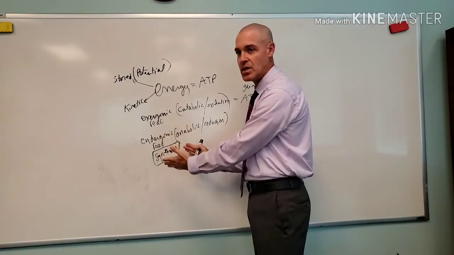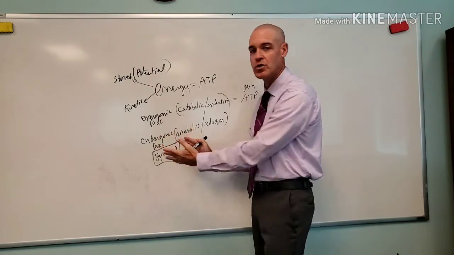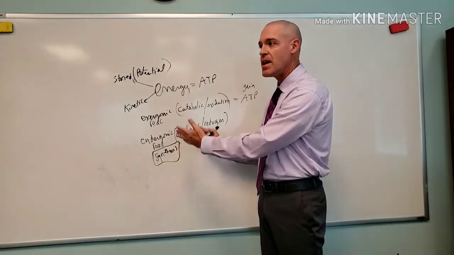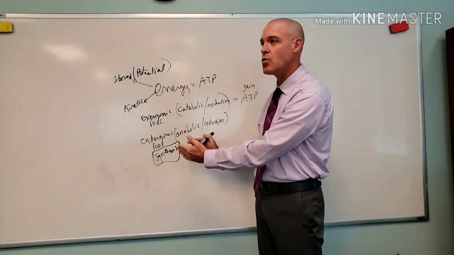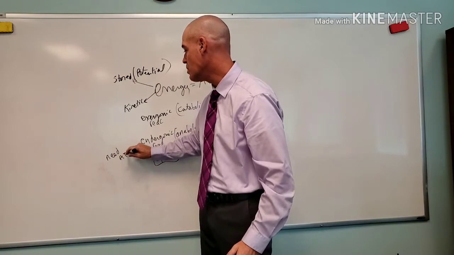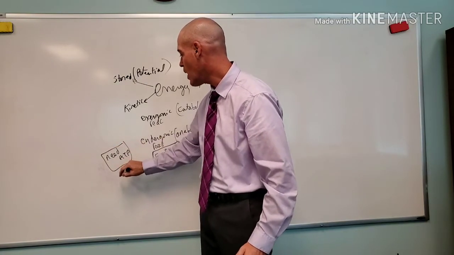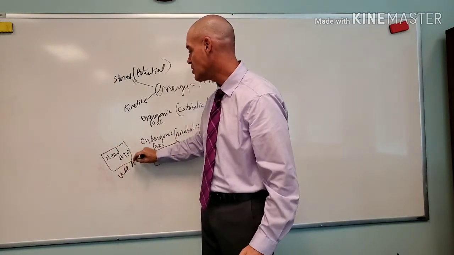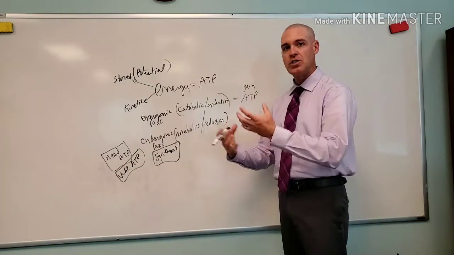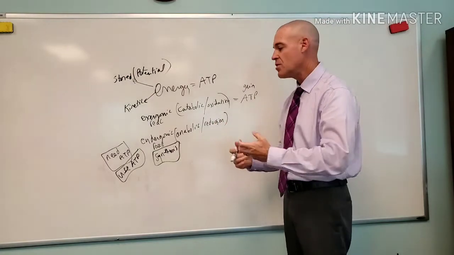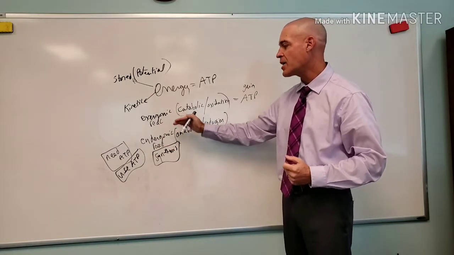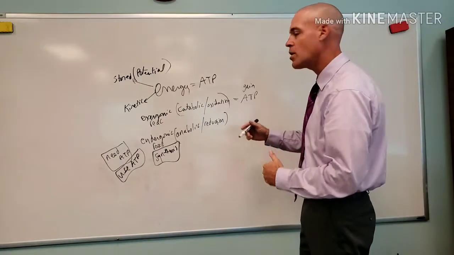This is a building type of reaction. This is what our bodies do, for instance, when we make proteins inside the body. We would be making proteins, and in order to do that, we're going to need ATP. So put another way, these reactions basically use ATP. They burn up ATP. Our cells have little sodium potassium pumps. They would use ATP.